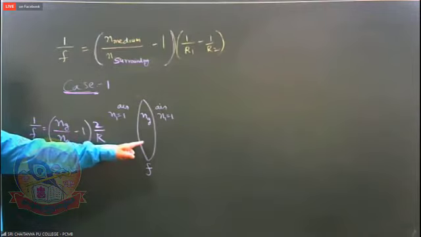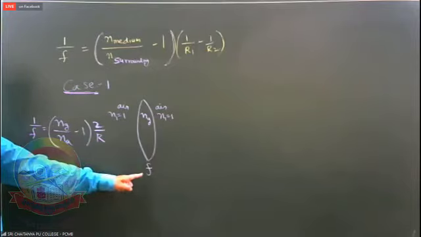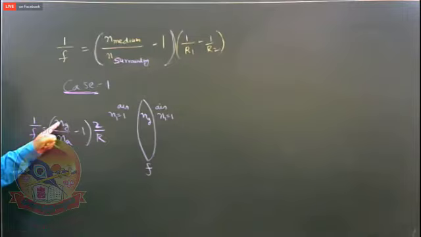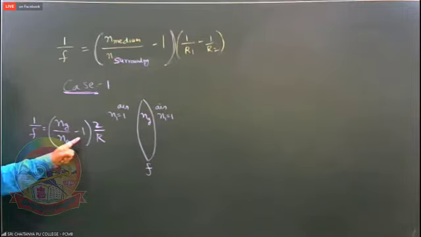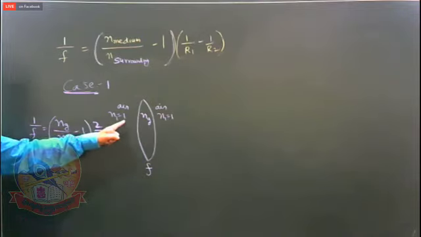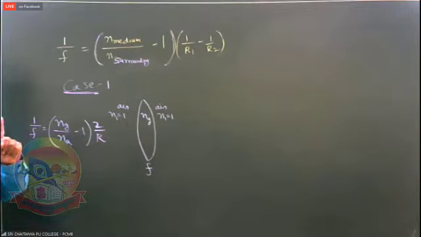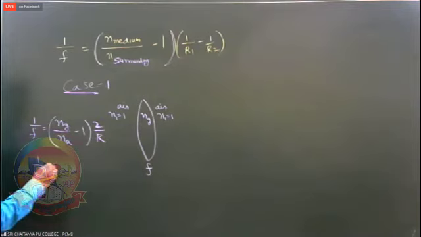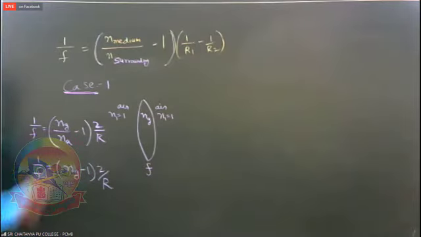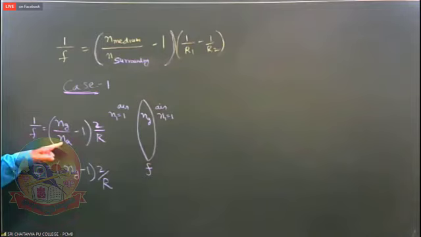Whenever the convex lens made of glass is kept in air medium, the focal length is F. 1 by F is equal to Ng by Na minus 1, into 2 by R. But Na value is 1, the refractive index of air. So 1 by F is equal to Ng minus 1, into 2 by R. Equation 1.